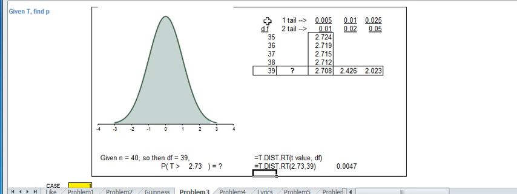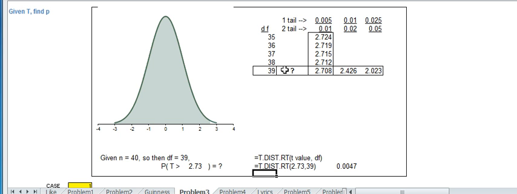We go to the table in the back of the book and note that the table is arranged quite differently than the normal table. Degrees of freedom go down the first column, probabilities go across the top, and probabilities are shown for both a one-tail value and a two-tail value, which is 2 times it. So we're interested in degrees of freedom 39. We'd like to find 2.73, but it doesn't appear. You can see that the numbers get bigger as probabilities get smaller.